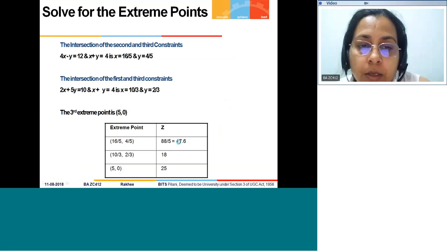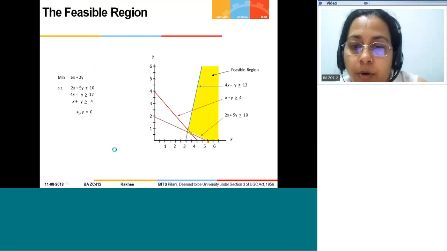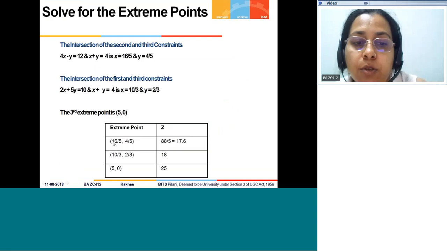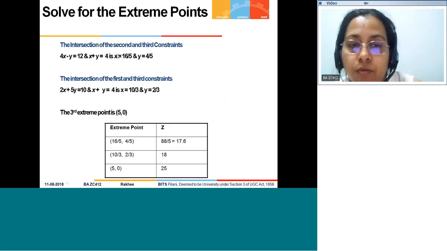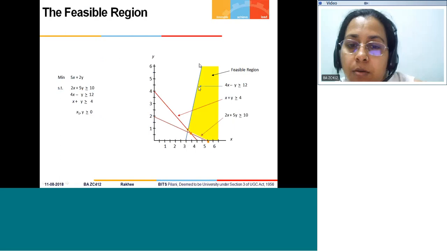So here, 3 extreme points, 1, 2, and 3, and this is unbounded on this side, so there is no extreme point there. So the 3 corner points or extreme points are here. On these 3 points, if I solve the 2 equations, like this blue line and this red line, I'll get this point.